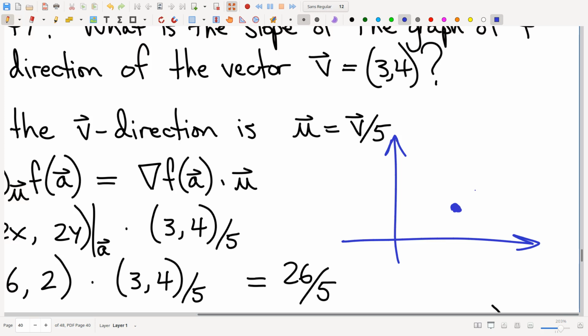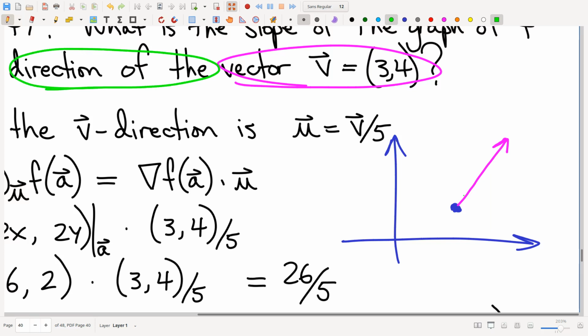Okay, so 3, 4 is a vector that's about like that. Remember we agreed that the direction means the unit vector in that direction. Here's the misinterpretation.